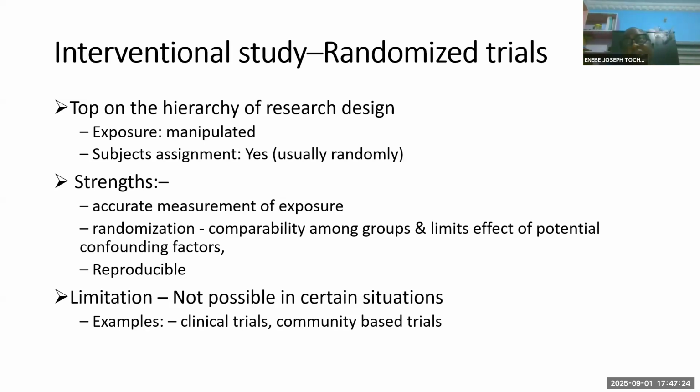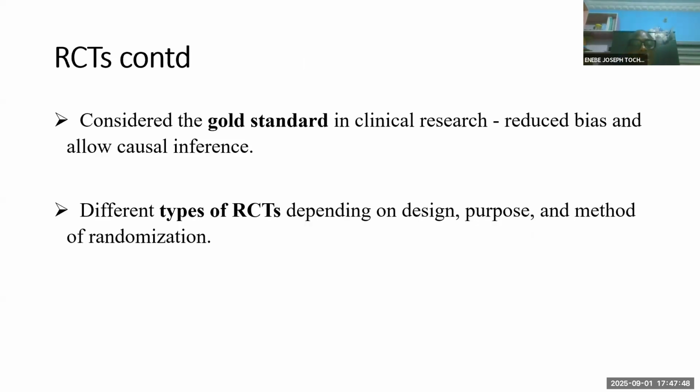Reproducible means that if you do the same research in Ghana, you get the same thing, so far as you follow the same methodology. Now, one of the limitations is that it's not possible in certain situations. For example, in clinical trials and community-based trials, some of them, you may not really do randomization. You may determine the people you want to give a particular intervention.